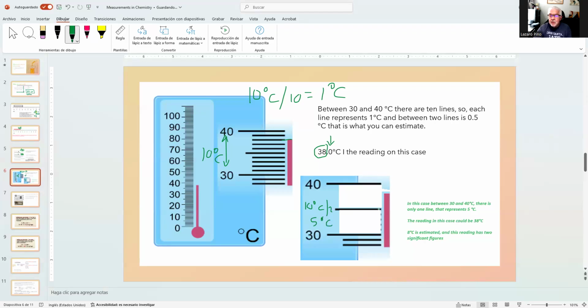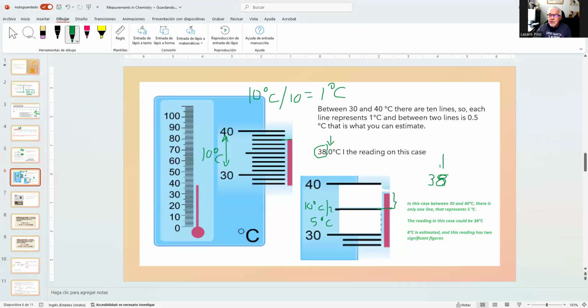So the temperature here for sure is 35. But it's a little more, and you will estimate this. Then it's extra 3 degrees, then you add, and then your answer will be 38.